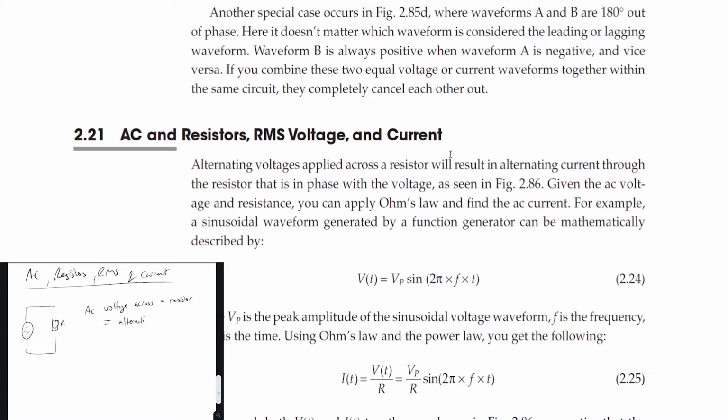Alternating current, because I want to make sure I get the point that it's alternating, meaning current goes backwards and forwards through the resistor. Alternating current through the resistor.